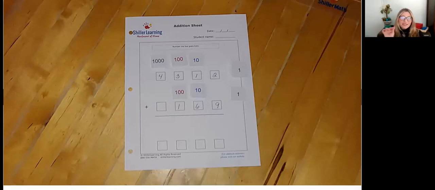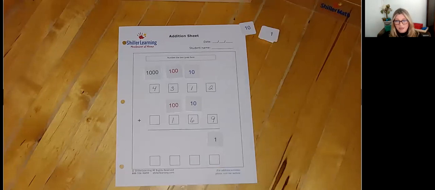And just like the student had done with the physical materials, where they take those 9 and 2 unit cubes and exchange that, keep the 1 unit cube and exchange the 10 unit cubes for the 10 rod in their bank, they're going to do the same thing with the number tiles and take those 10 tiles, exchange it for a 10 tile, keeping that 1 in the ones column.